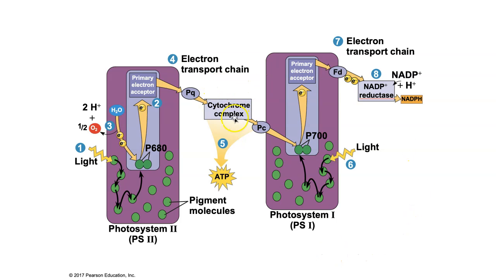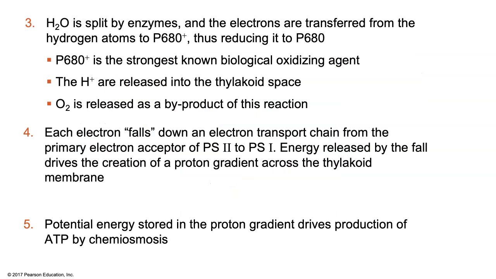Somewhere along, you'll see a different picture. Somewhere else, there is an ATP synthase enzyme, same exact one as we used for cellular respiration. That proton motive force is driving the production of ATP. So that's where ATP is made, right here in linear electron flow. So that was step 5.